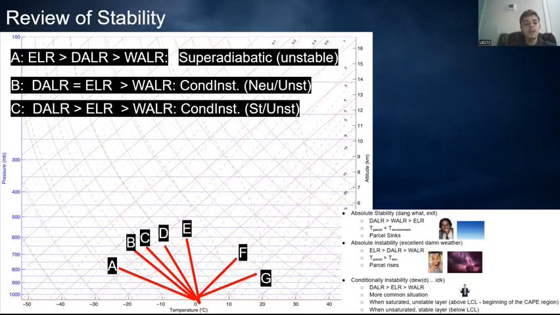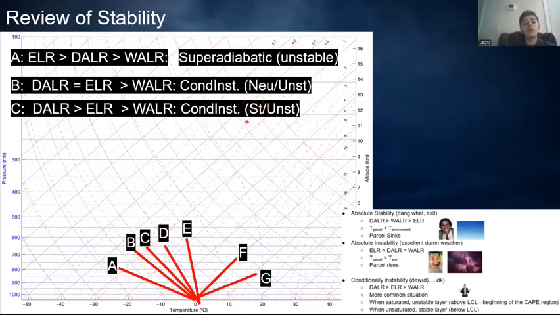Now for C, you can see it is a greater slope than the dashed line, but not greater than the solid line, so it's in between them. That's the situation where I say, dude, see down here, I don't know. It depends on the situation. So it's conditional instability once again.